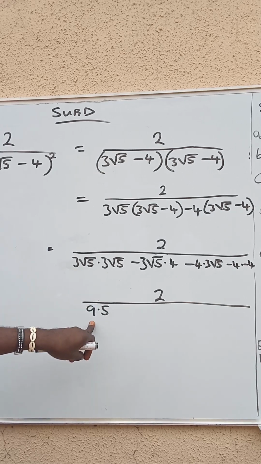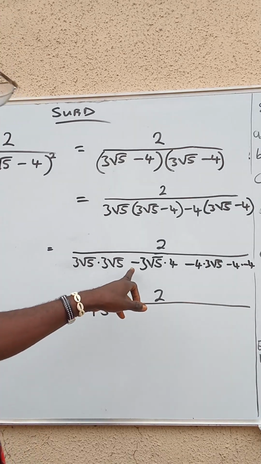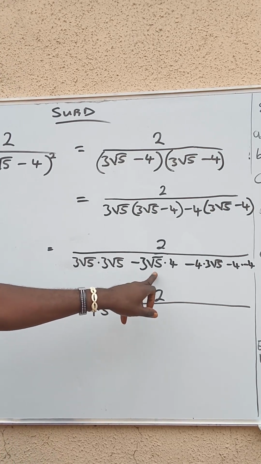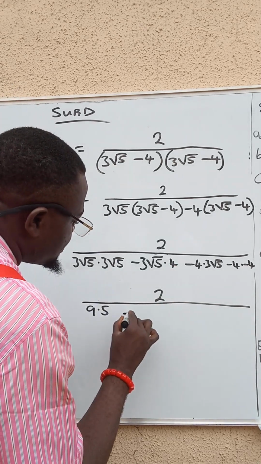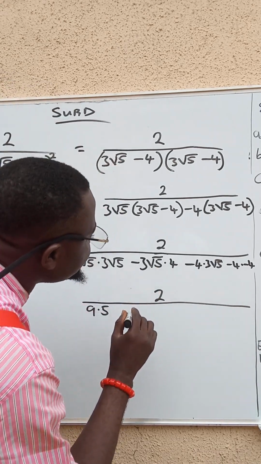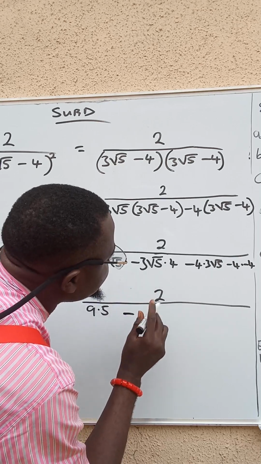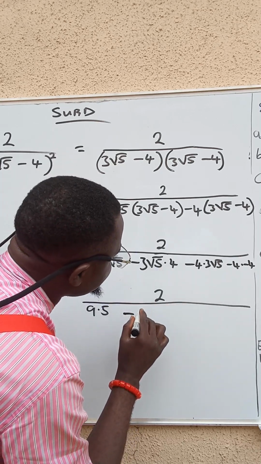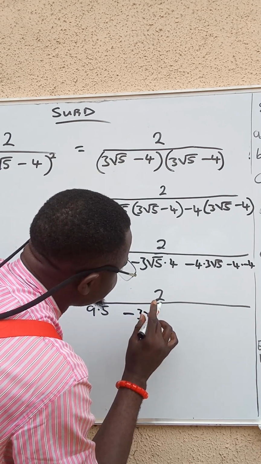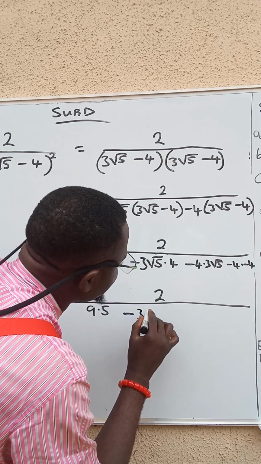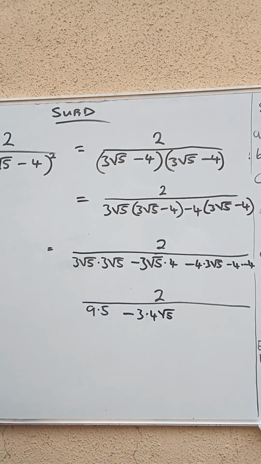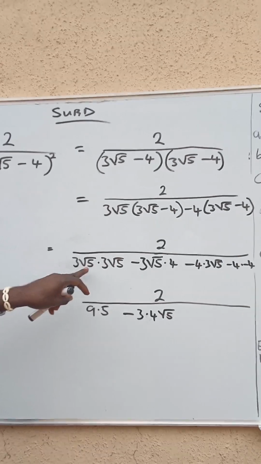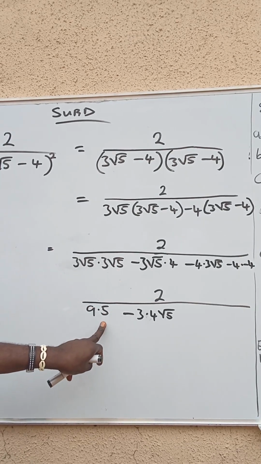Then minus 3 root 5 dot 4, which is 3 dot 4. If you bring the first one out, dot 4, then you replace your root 5, because this one does not have the second one. Remember, I told you that root 5 times root 5 is 5, root 10 times root 10 is 10.